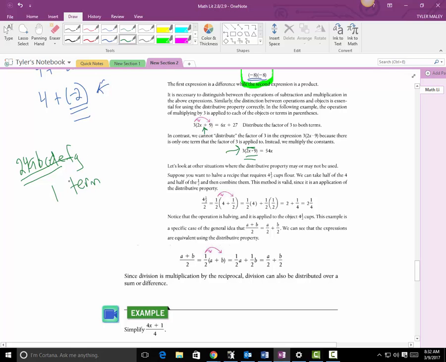We can keep multiplying by 100 different things, and we still only have one term. What dictates a term is if I have an addition sign or a minus sign, which is just adding the opposite. That's what separates and distinguishes terms from one another.